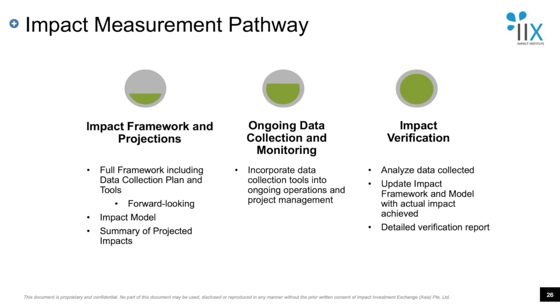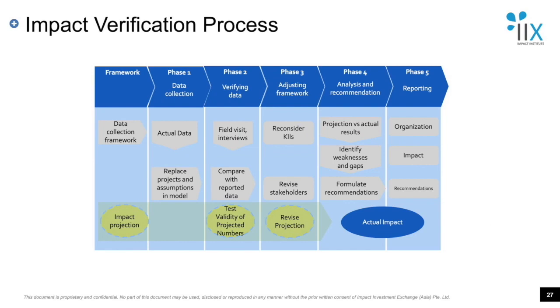Interestingly, at this stage, a lot of the organizations are raising capital. And of course, in an ideal world, we would like to see the last stage happen as well, which is that even after you raise the capital, you actually have the impact verification. Now, interestingly, even with our own work, we see this only happens when the organization goes out and raises capital again. So in between, we don't see it a lot of times, but again, that's something that we are trying to change.